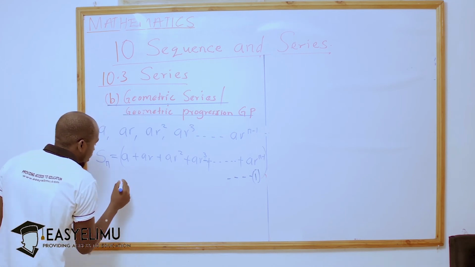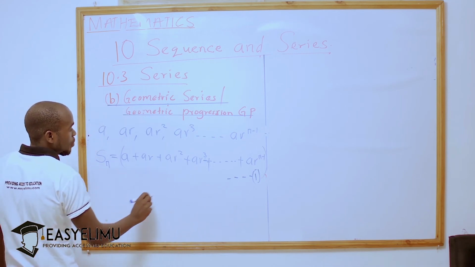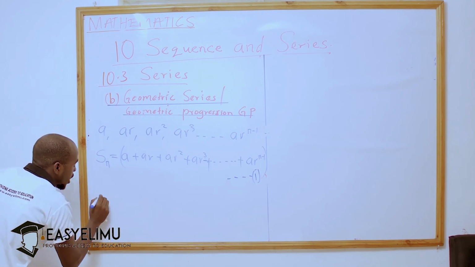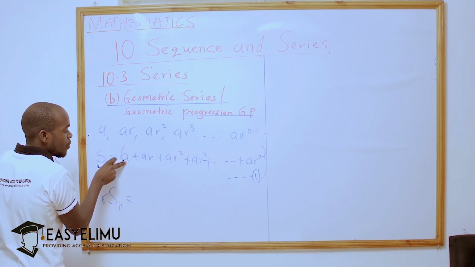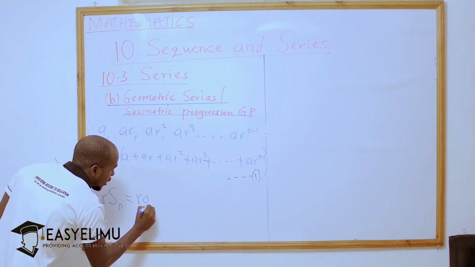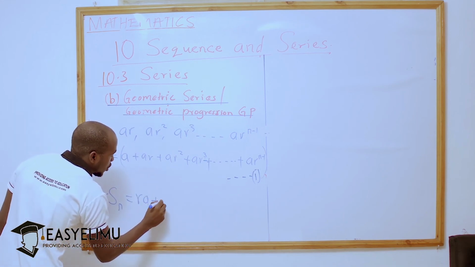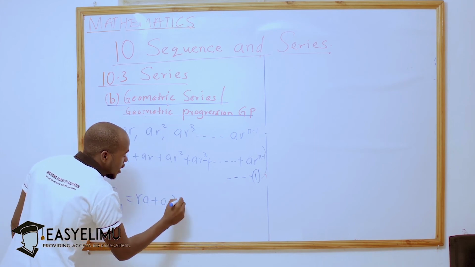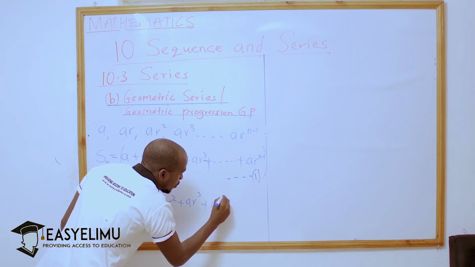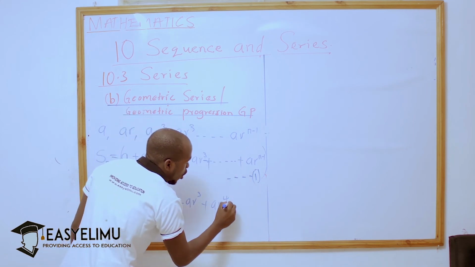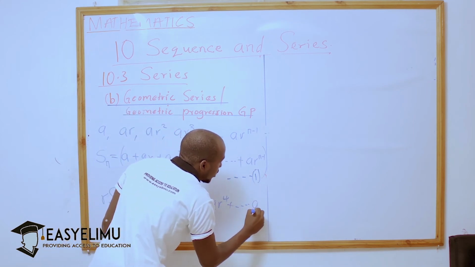We shall find that if we multiply throughout by the common ratio, this one will become R times Sn is equal to, this one multiplied by the common ratio is AR, this one by the common ratio is AR squared, the other one turns to AR cubed, the other one AR raised to 4, and so on as you continue until this one.